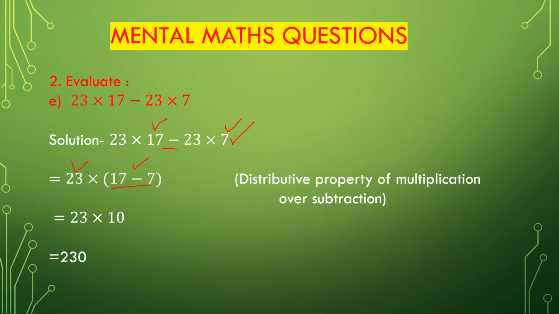So 17 minus 7 is 10. Now multiply 10 with 23. 23 multiplied by 10, we get 230. So 23 multiplied by 17 minus 23 multiplied by 7 is equal to 230.